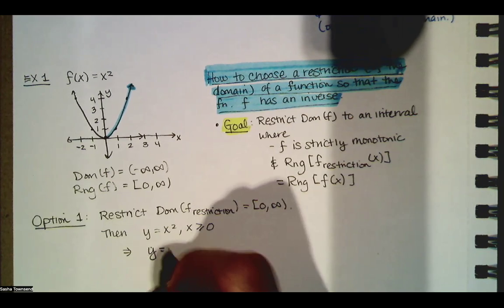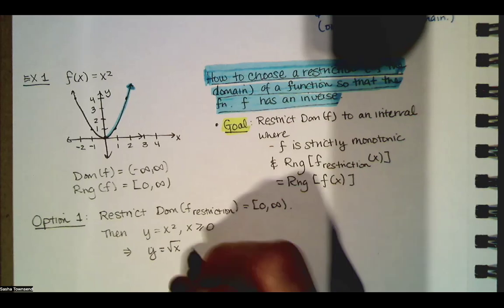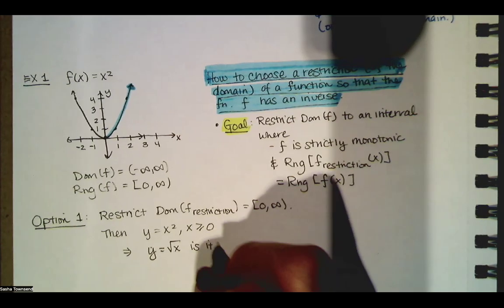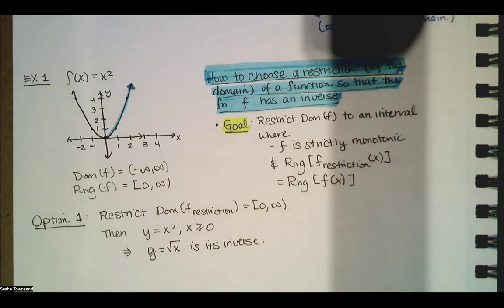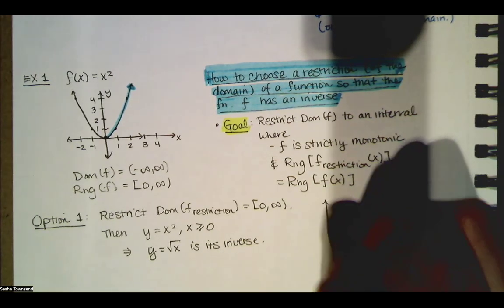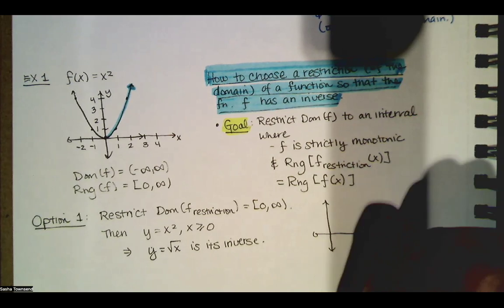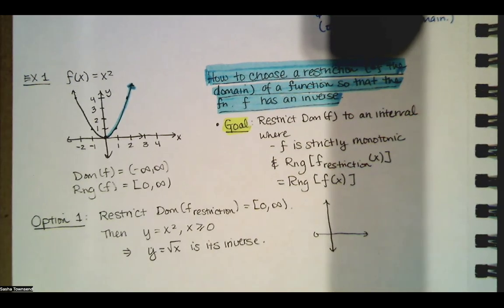Y equals the square root of x. And you might be saying, okay, that's kind of obvious, but how do you know? How can you be sure that that's the one? Well, we're just switching the roles of x and y, remember?